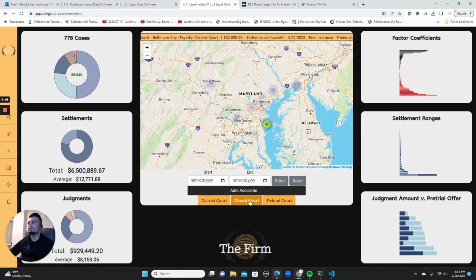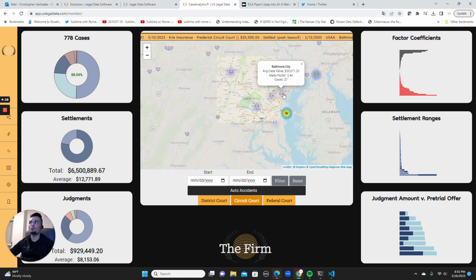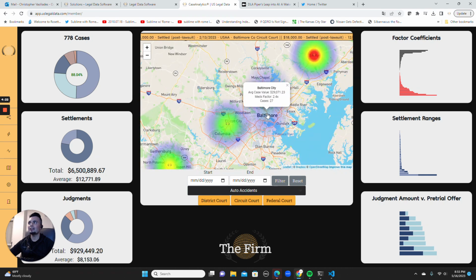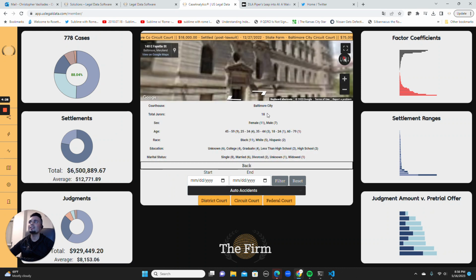You can click over to circuit court, and same thing, the map readjusts for circuit court cases. The circuit court heat map shows the same information, but one thing that's different is you can click on the venue, right? So here, for example, Baltimore City, you click on the venue there for circuit court, and you can get the juror demographic breakdowns. The cases that you've taken to jury trials, you can get an idea of your demographics there for your jurors.